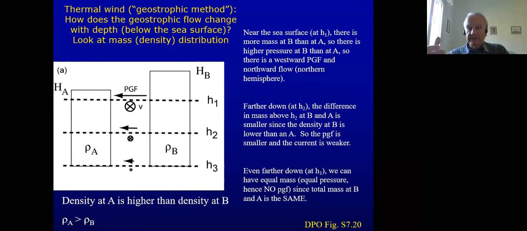So the internal pressure gradient is the pressure gradient which is due to the different density distribution. The internal horizontal pressure gradient is from A to B, which is opposite to the external, or barotropic, pressure gradient, which is from B to A. Since these two pressure gradient forces are in opposite directions, the deeper we go, the weaker is the sum of these two pressure gradients.